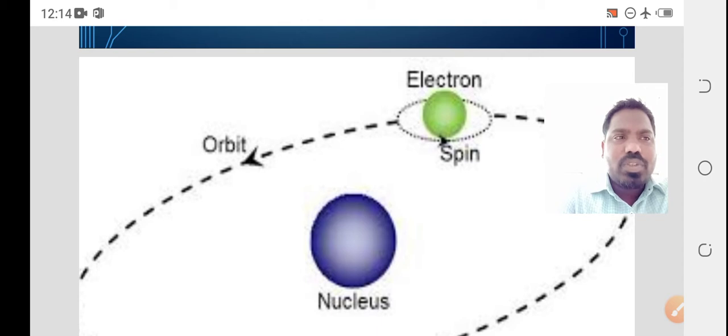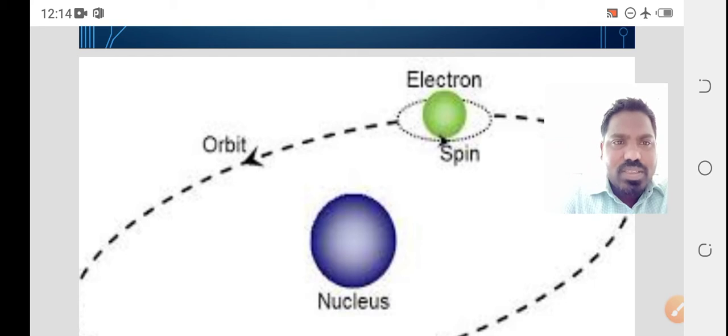Proton is a positively charged body, neutron is neutral, that means zero charge. So proton and neutron combine together and are considered as the nucleus. The nucleus is situated at the center of the atom.